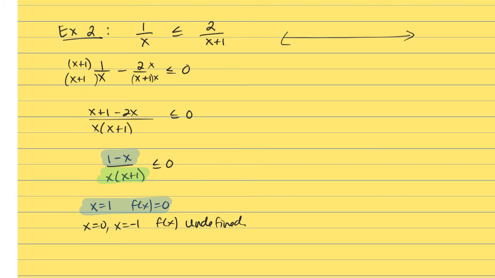And then if our denominator is 0, we would get an undefined function. Okay, so those are my key points. So I'm going to plug those in at negative 1, 0, and 1. And then I look at 1 minus x and x plus 1.